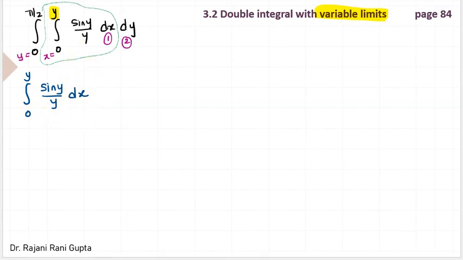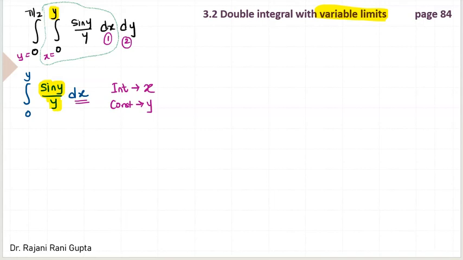Okay. So the first thing, as usual, we have to check which variable we are integrating with. So dx shows us we have to integrate with respect to x and the constant will be the other variable which is y. So you see that in this entire term, it is sine y over y.